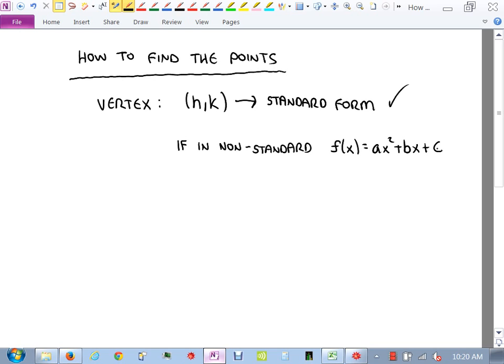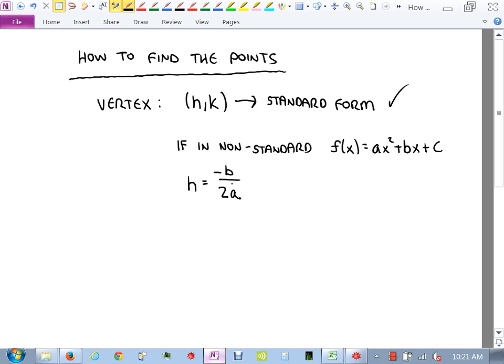Option number one, complete the square, which most students don't like, and I don't even teach much of it because the second option is a formula, and the formula is a lot easier to apply. So if it's in non-standard form, here's the formula. h will always be negative b divided by 2a.